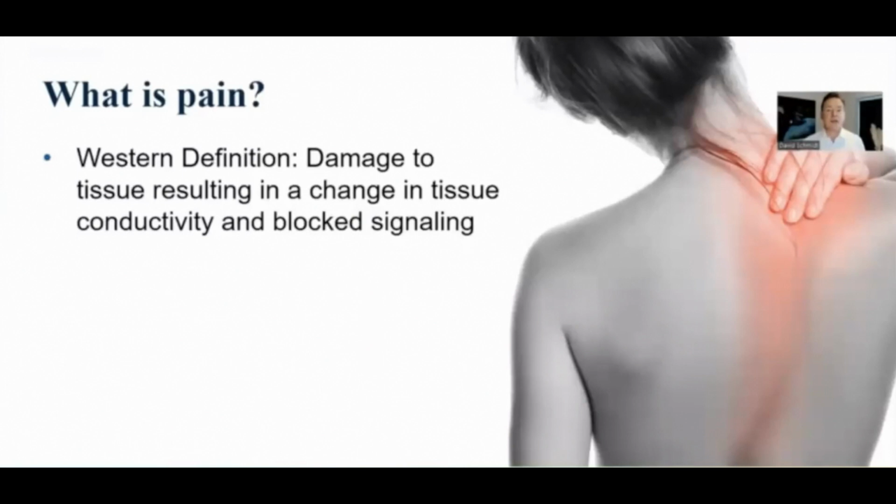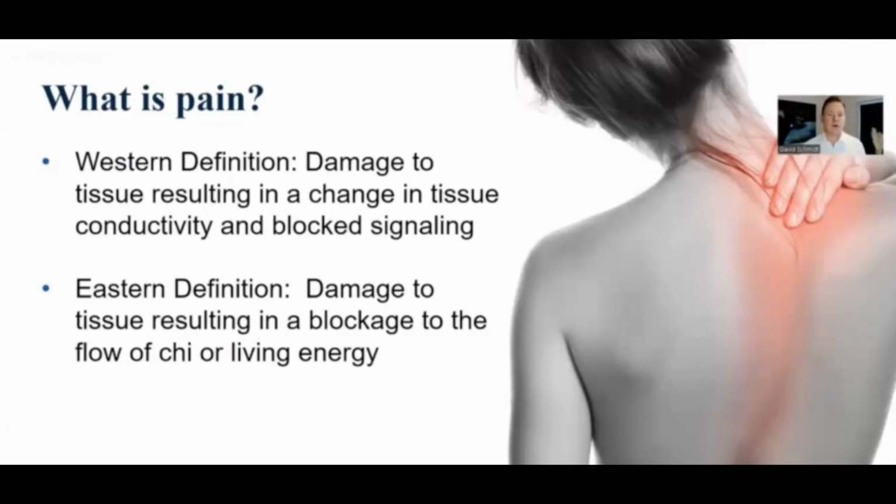When we describe pain from the perspective of Eastern medicine, it's also, of course, related to a damage of tissue, but this is described as a blockage to the flow of qi, or life energy.